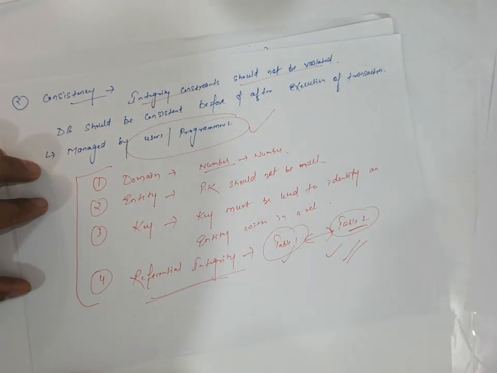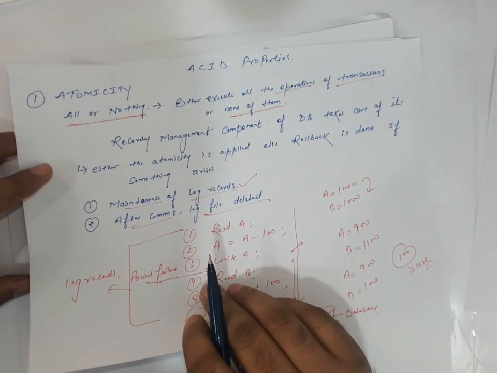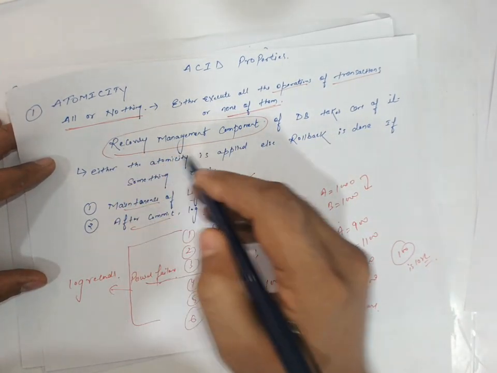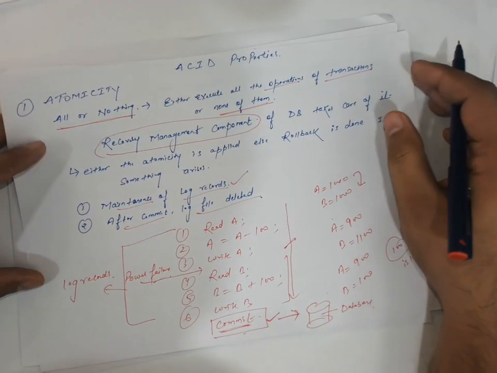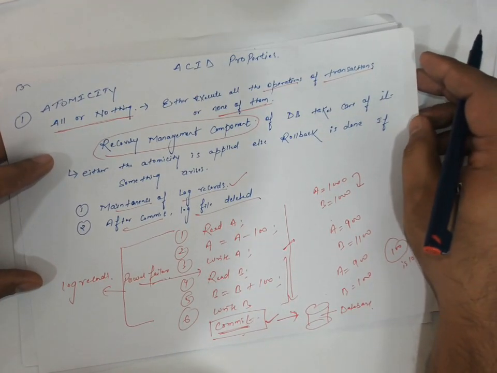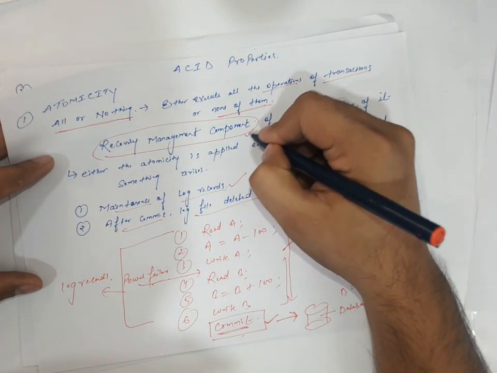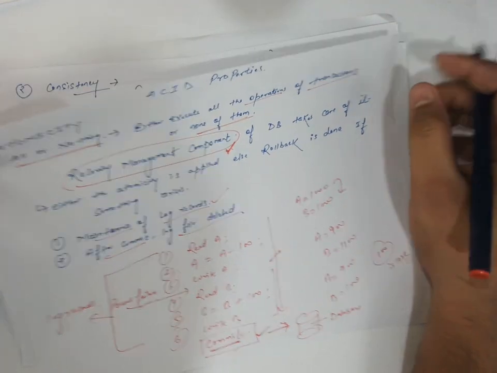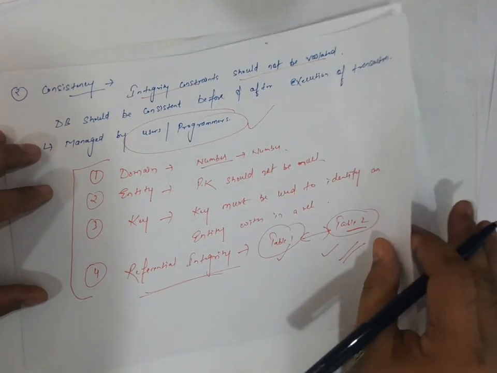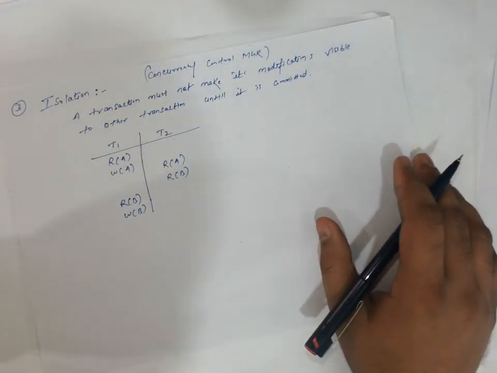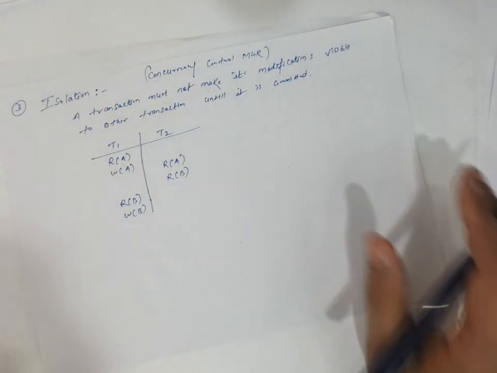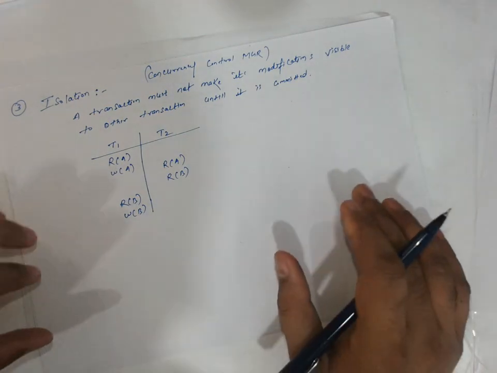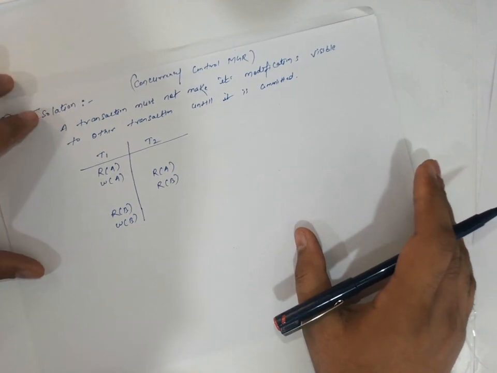Just like the atomicity property, which is covered by the recovery management component of a database. In the 3-tier architecture of a database, we have covered the recovery management component. The third property is isolation. Isolation says that a transaction must not make its modifications visible to other transactions until it commits.